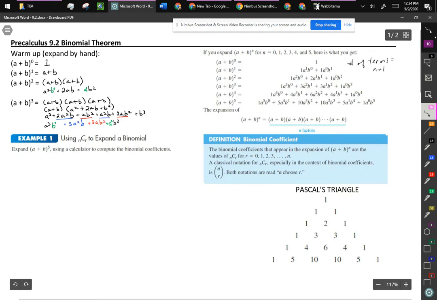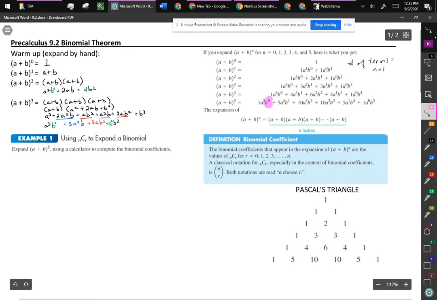The second part of the pattern for binomial theorem has to do with the exponent, and that's why I threw in those a's and b's to the 0, because as you can see, a to the 5th, you're going to start with an exponent of 5 for a and an exponent of 0 for b, but a is going to keep descending, so a to the 5th to a to the 4th, a to the 3rd, then to the 2nd, then to the 1st, then 0.